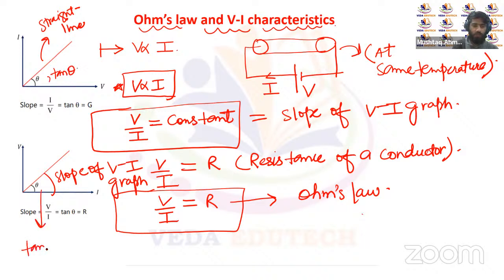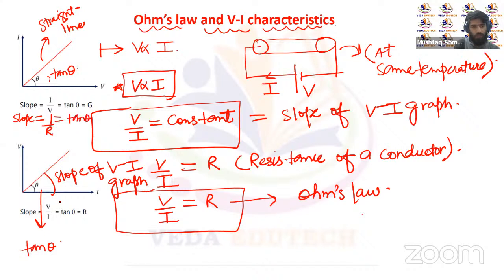If we plot I on the y-axis and V on the x-axis, then the slope gives us 1 upon R, that's equal to tan of theta.